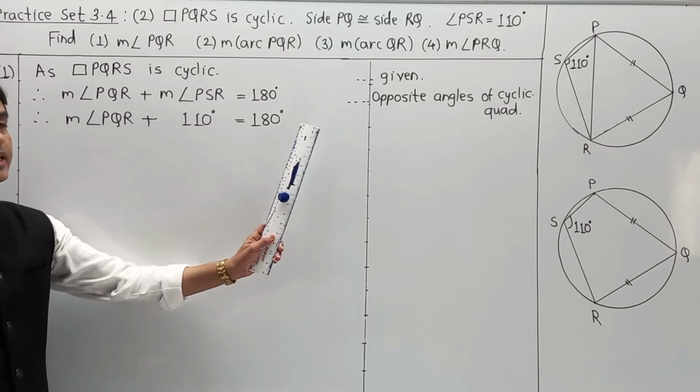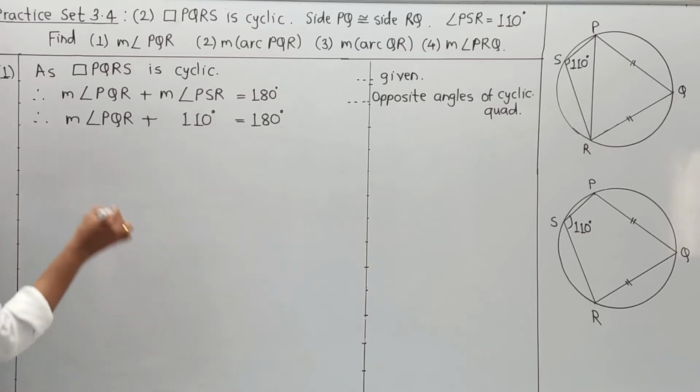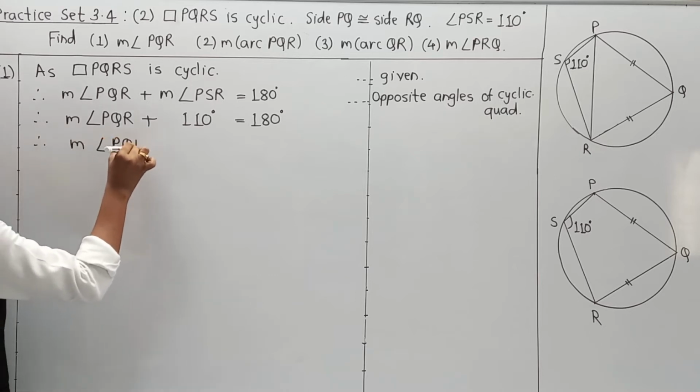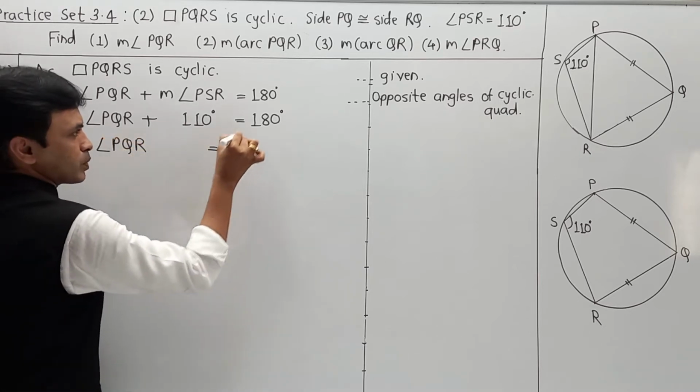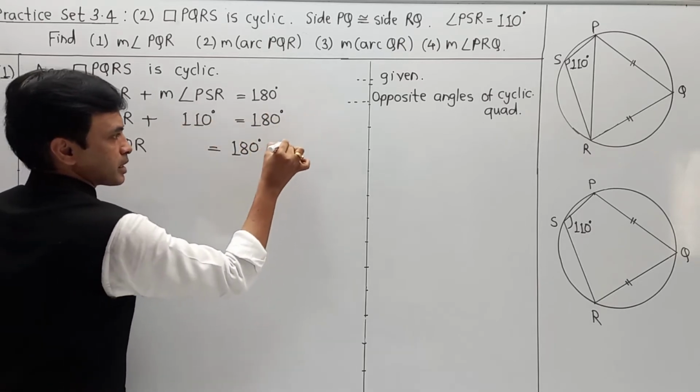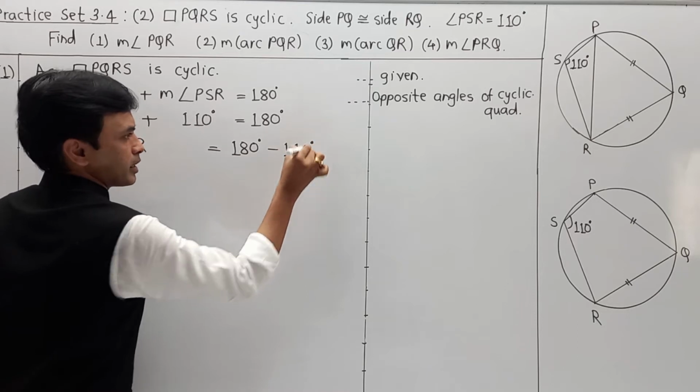Shifting this 110 to that side, therefore major angle PQR is equal to 180 degrees minus 110 degrees.